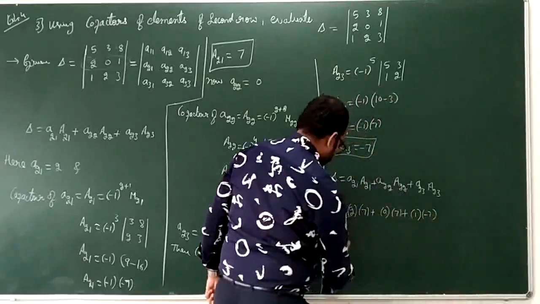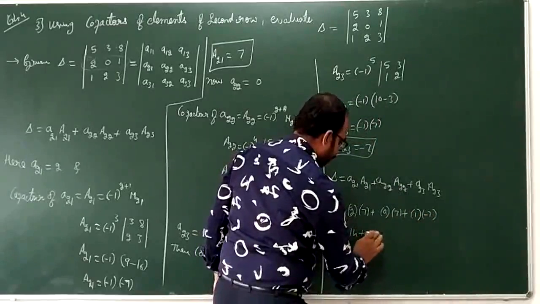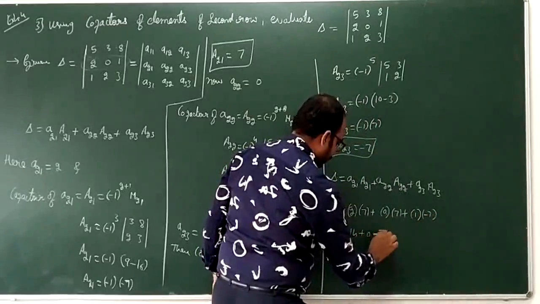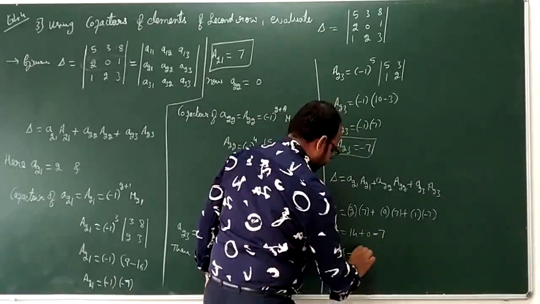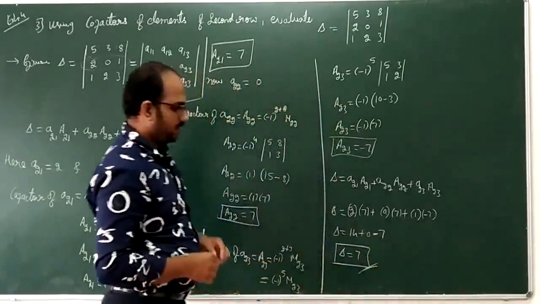Then delta is equal to 14 plus 0 plus minus 1 into 7, which is minus 7, therefore delta is equal to 7. The value of delta is plus 7.